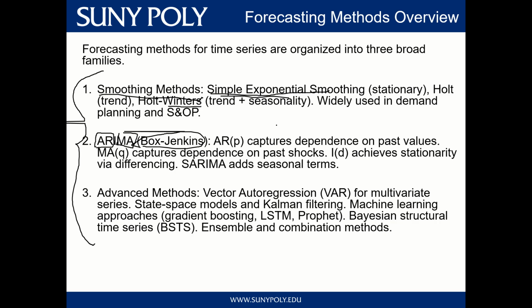They check whether previous observations are correlated with future values. For this, we will go over the ACF and PACF plots, the autocorrelation function and partial autocorrelation function, to be able to define which of these methods, AR, MA, ARMA, or ARIMA, should be used.